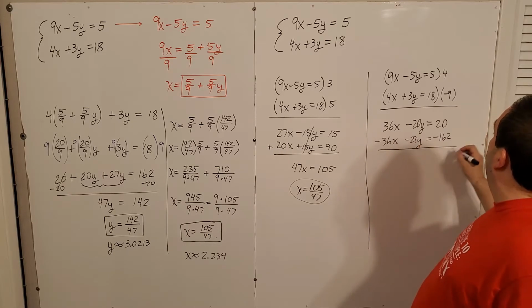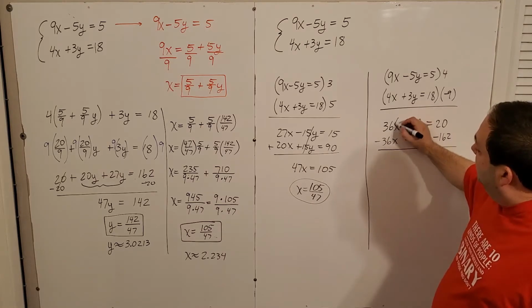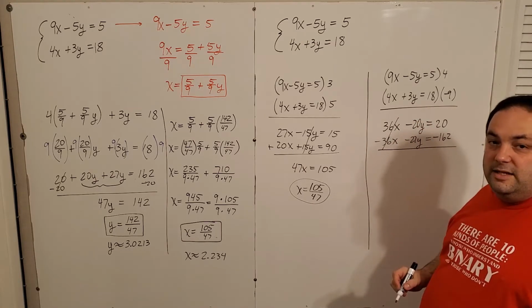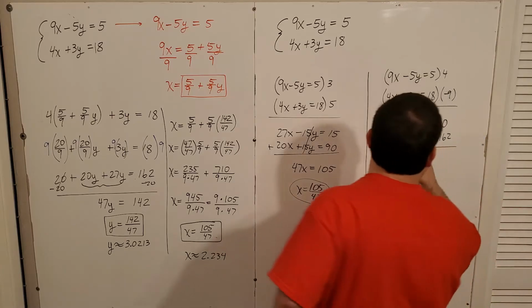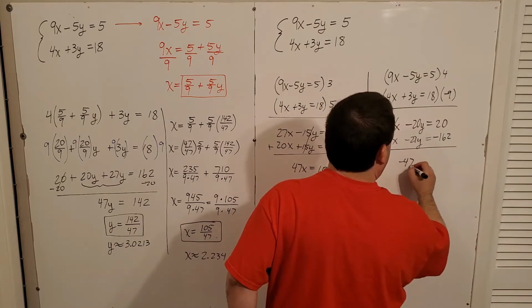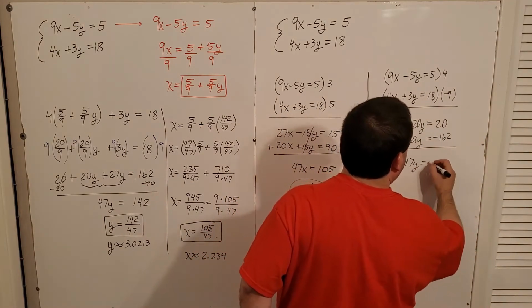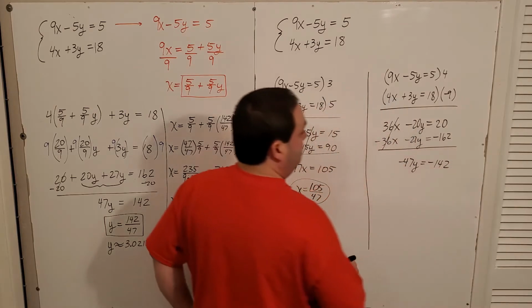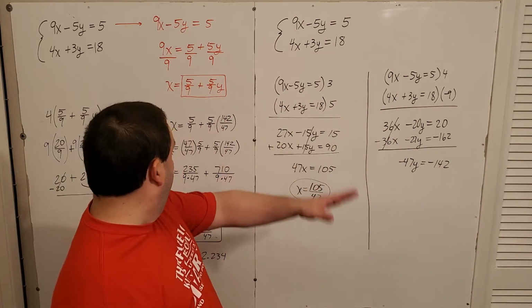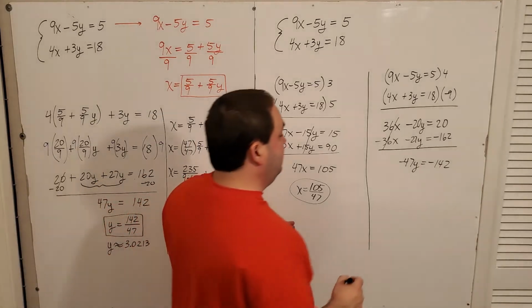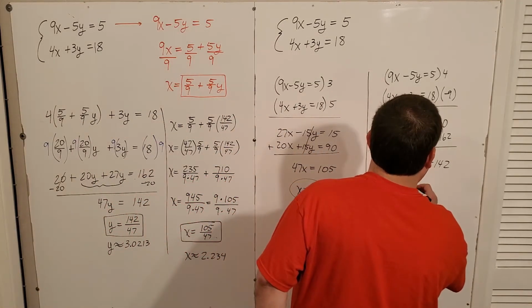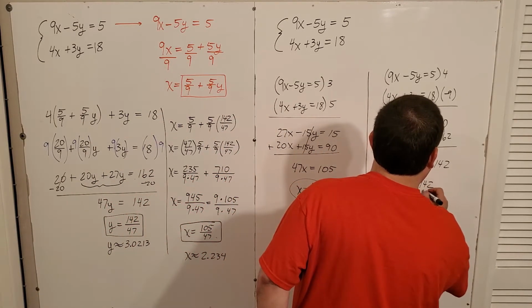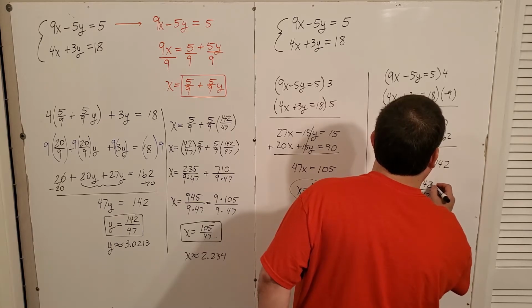And then I combine these two equations together. The x's eliminate to 0. I'm left with -47y is equal to -142. And then I divide both sides by -47. And of course the double negative becomes a positive, 142 over 47.